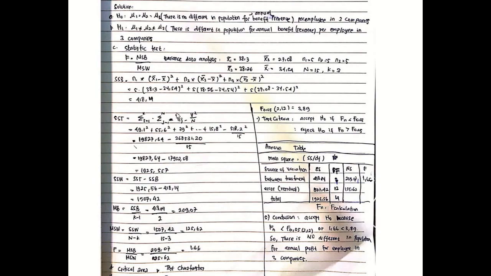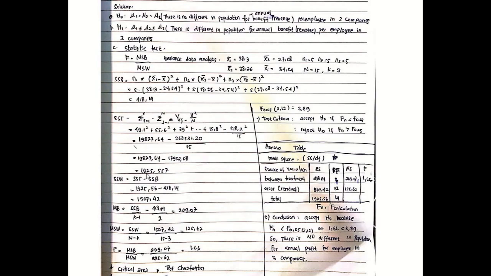So we input the numbers: 49 squared plus 55.6 squared plus 39 squared and so on, minus 518.2 squared divided by n, where the number of data is 15.